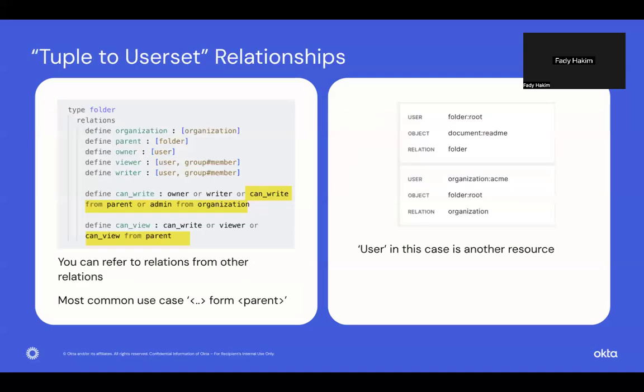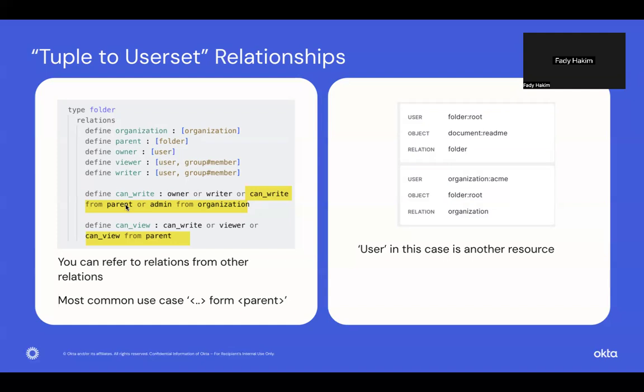The last thing we can do is tuple to user set, which is very helpful when you do a nesting relationship. So you can say, for example, for a folder, I can have a can write permission on this folder if I am an owner or a writer, or if I have can write permission on the parent folder. So think about this.